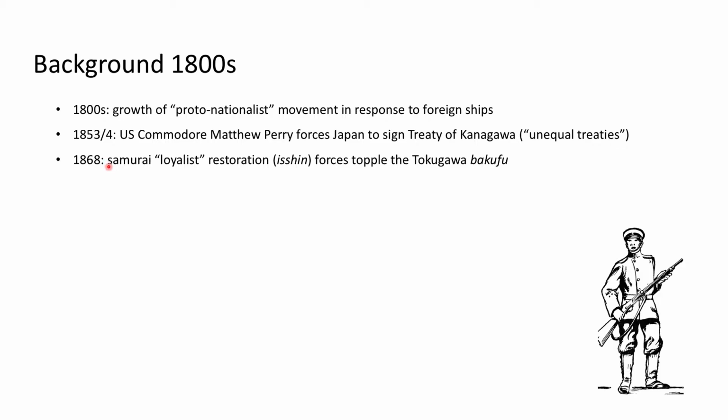And then this set off a series of events that in 1868 led to samurai loyalists, and loyal here means loyal to the emperor, to launch the overthrow of the Tokugawa government. This is referred to as a restoration of imperial power, in Japanese, Isshin.